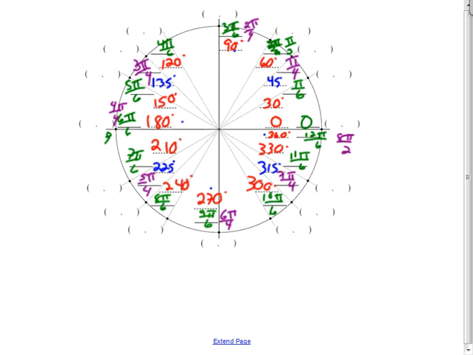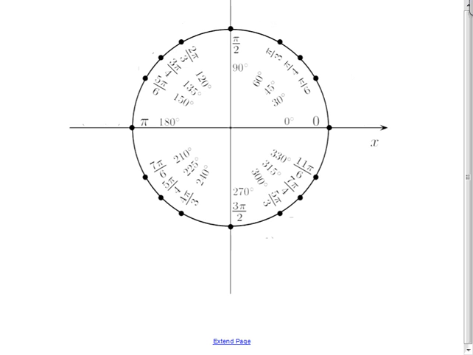I added, let's see, in green, I added pi over 6 for every 30 degrees, and I added pi over 4 for all 45 degrees. And make sure you keep going around and around. A cleaned up version of this is here. I simplified all those down.